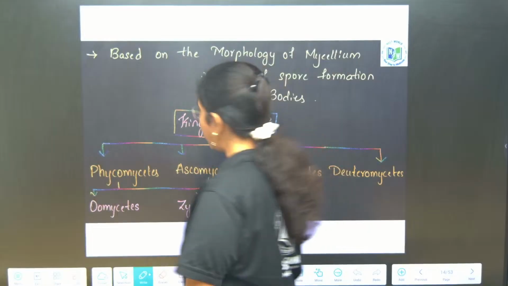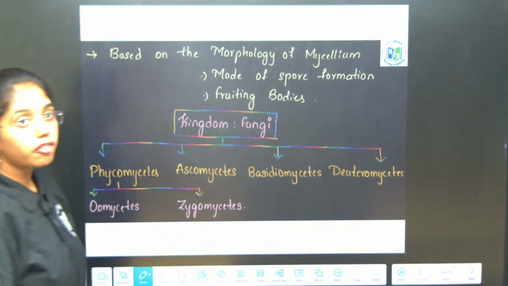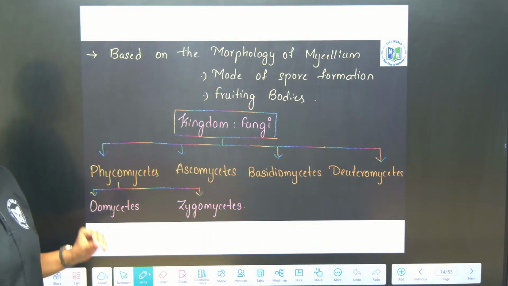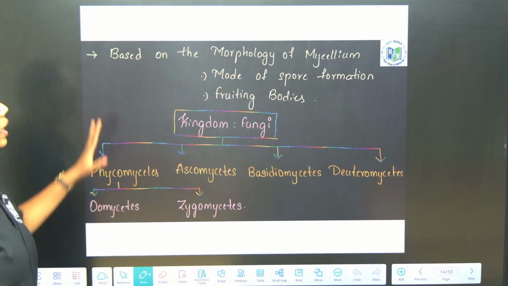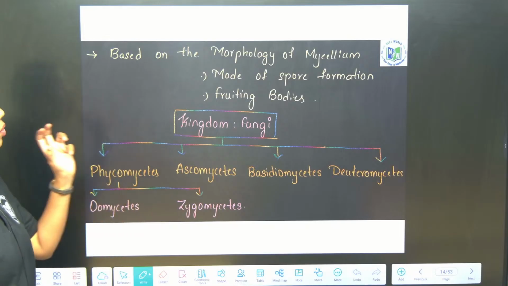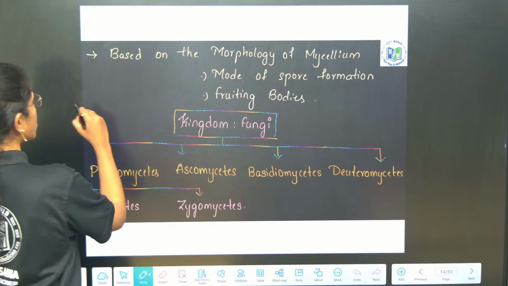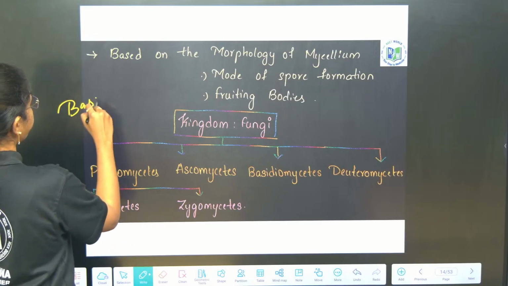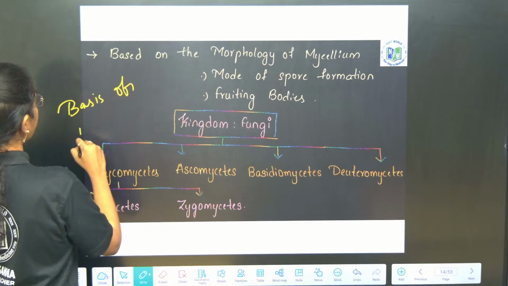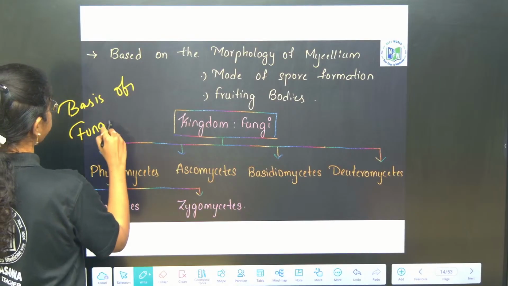Next you see here, based on the morphology of mycelium, mode of spore formation and fruiting bodies, Kingdom Fungi is divided. So the basis of classification is again very important.